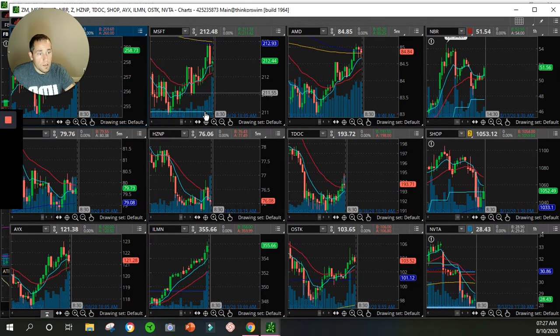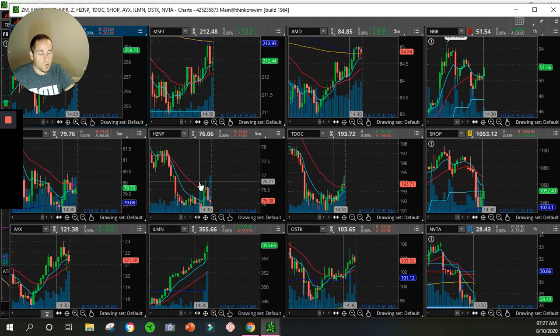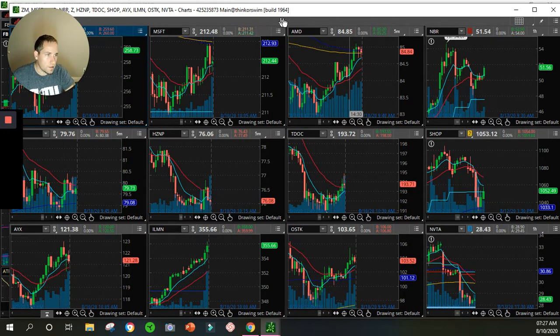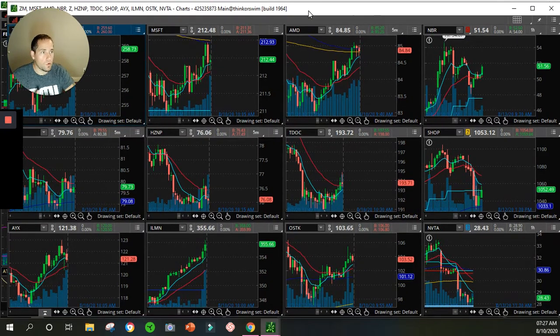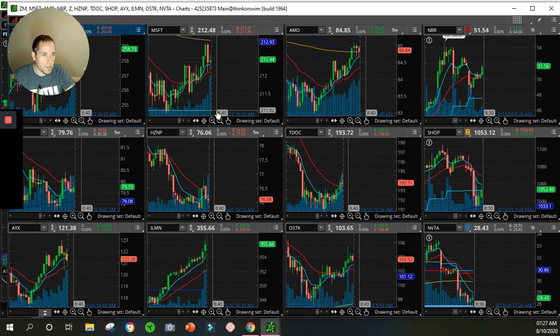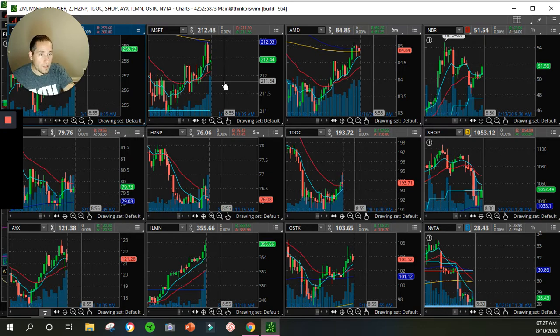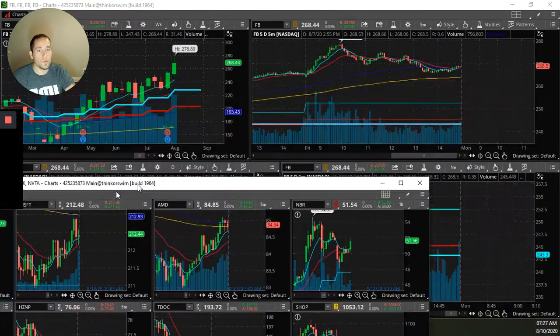But I can see the moving averages on the 5 minutes, so I don't have to keep scrolling back and forth from the weekly to the daily and so forth. So it helps me know where I'm at in the price action and where the price is at on the chart. Once again, it saves time, and then also saves screen space to where I don't have to have the daily open also right next to the 5 minute and so forth.